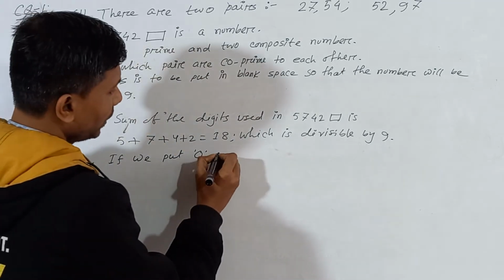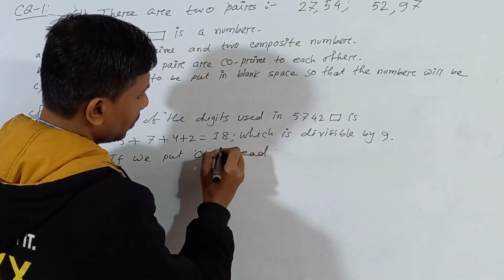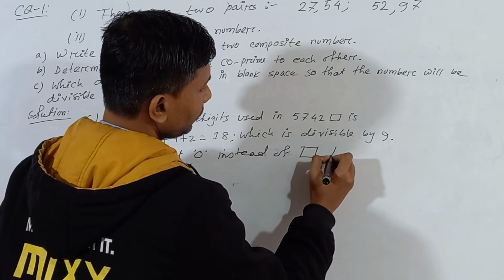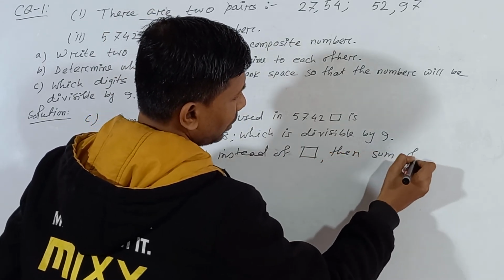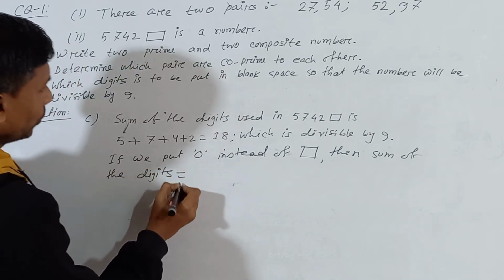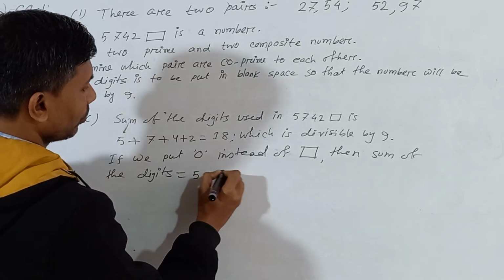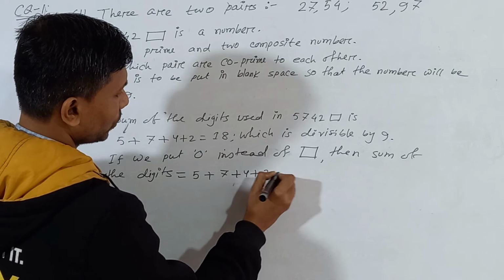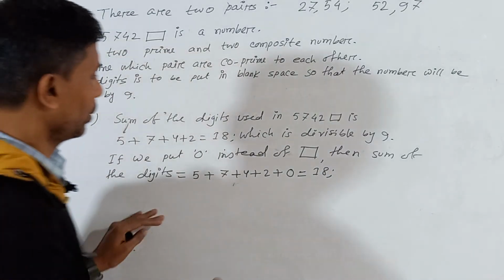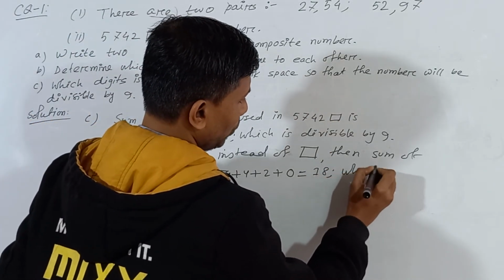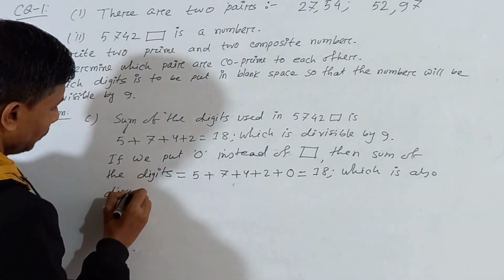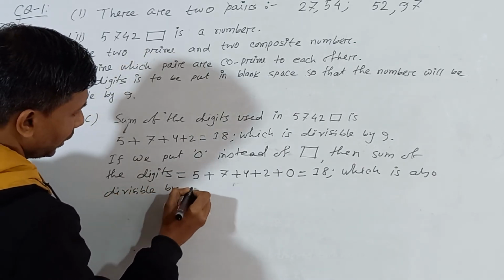If we put 0 instead of the blank space, then the sum of the digits, look, 5 plus 7 plus 4 plus 2 plus 0, this is also equal to 18, which is also divisible by 9.